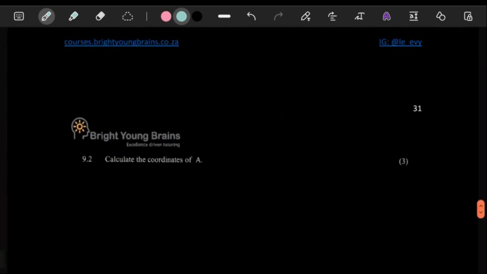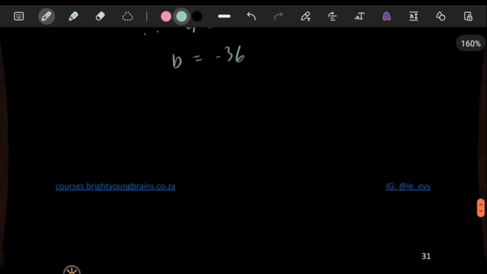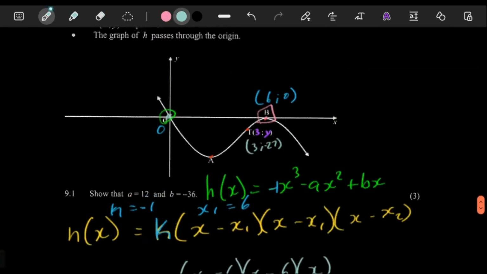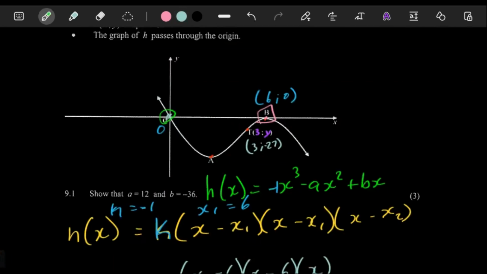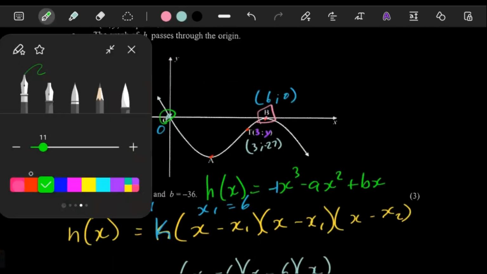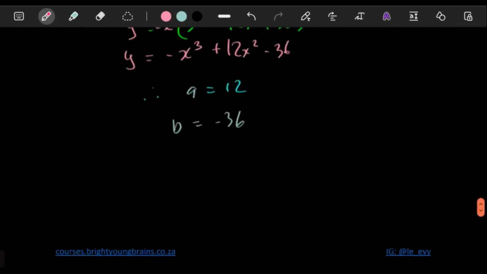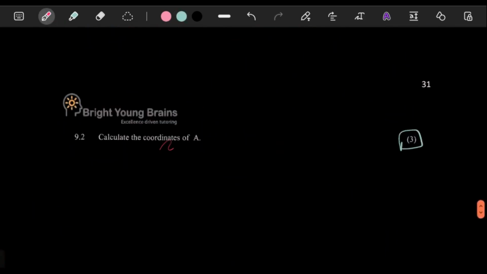9.2 says we should get a coordinate of A for 3 marks. A is one of the turning points. Your basic knowledge will tell you that to get a turning point, you need to make the first derivative equal to 0. So let's see, y here, the first derivative is dy over dx.